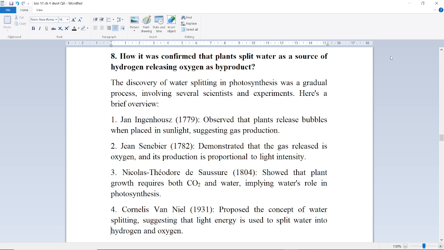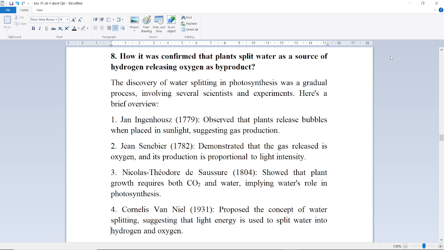Here's a brief overview. First one is Jan Ingenhousz, 1779, who observed that plants release bubbles when placed in sunlight, suggesting gas production. Next is Jean Senebier, 1782, who demonstrated that the gas released is oxygen and its production is proportional to light intensity.